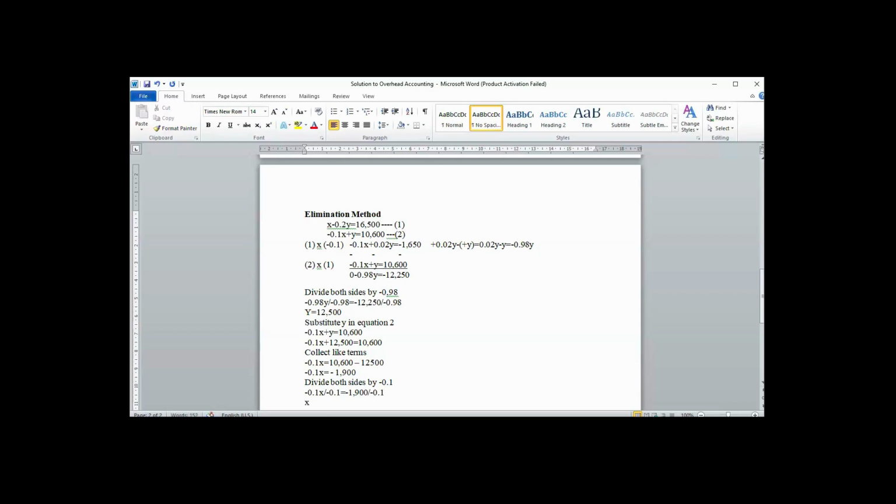Therefore, x is equals to, what do we have? 19,000. 19,000.